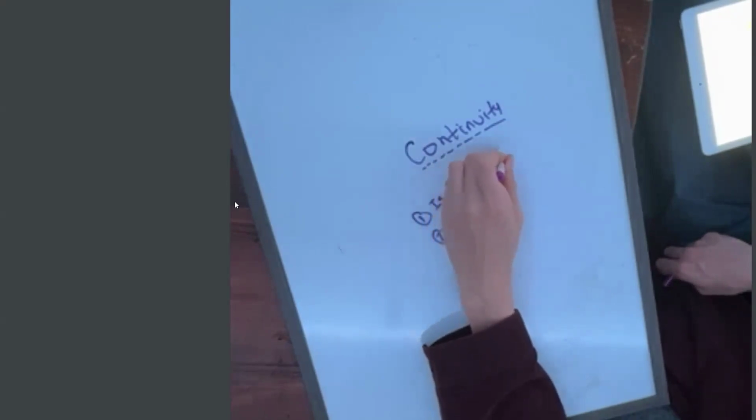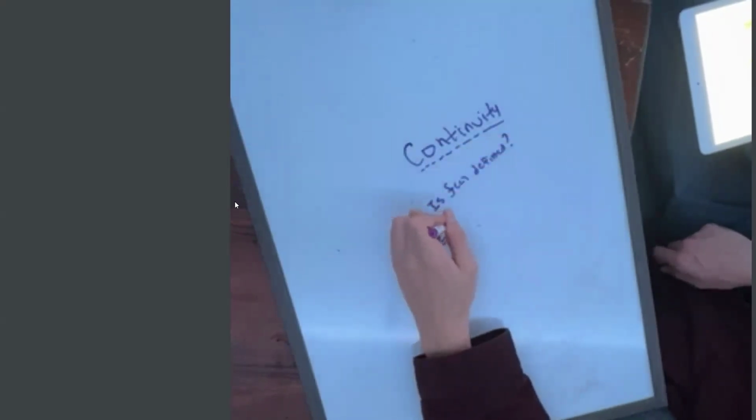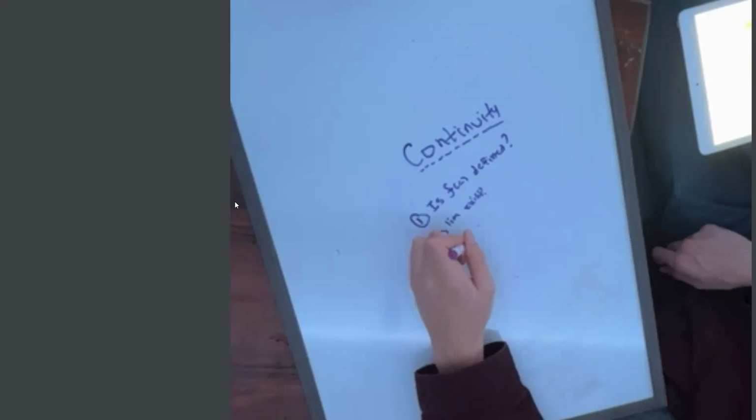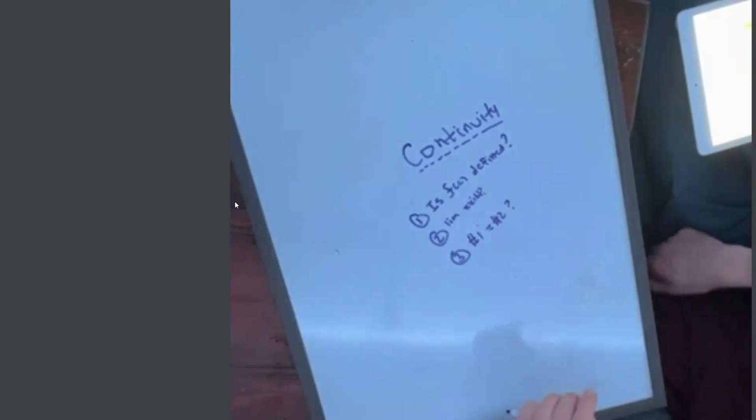And a function can be continuous over a certain interval, by the way. But we're saying, is a specific value defined? Does the limit exist? And are those 2 things equal? So does the value exist? Does the limit exist? And are they the same?